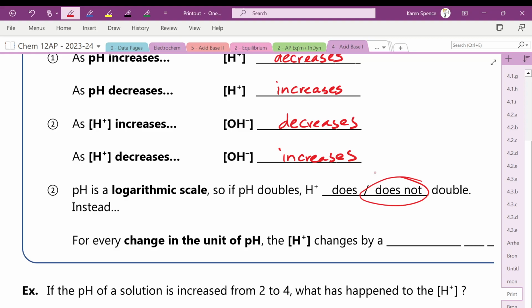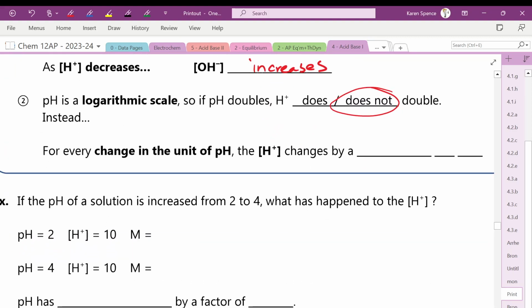Okay, you don't have to do any log rules or any sort of proofs or anything. Okay. Now, for every change in the unit of pH, hydrogen ion concentration changes by a power of 10 or a factor of 10. You can say it either way, okay?